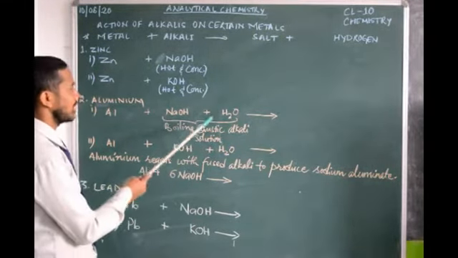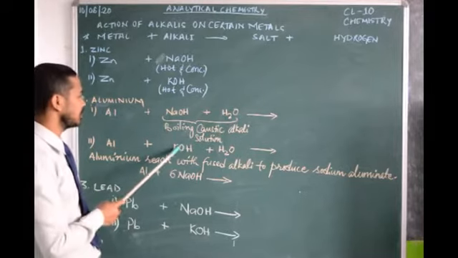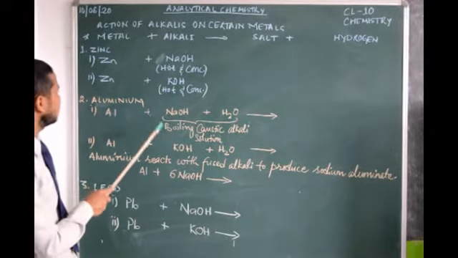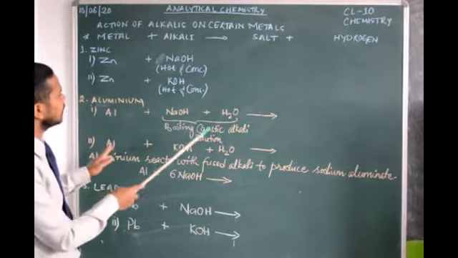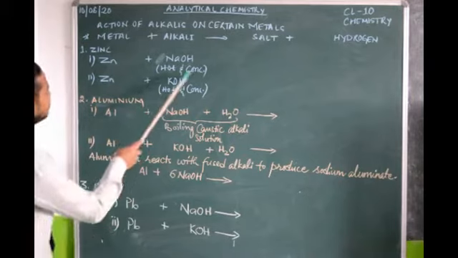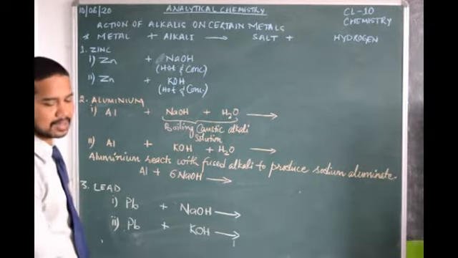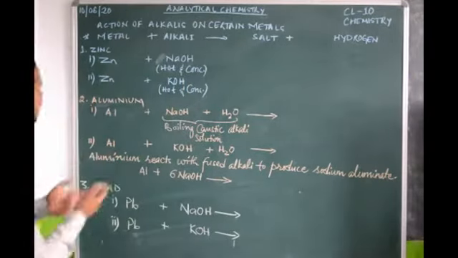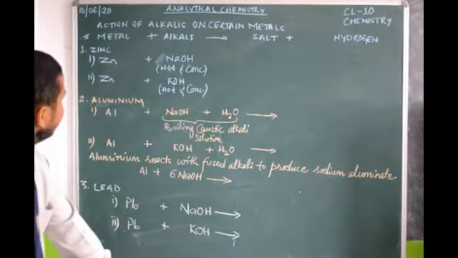It can be sodium hydroxide solution or potassium hydroxide solution. So aluminium reacts with boiling caustic alkali solution, but zinc and lead can react with hot and concentrated sodium hydroxide solution to give salt plus hydrogen gas. So we'll see how it reacts now.